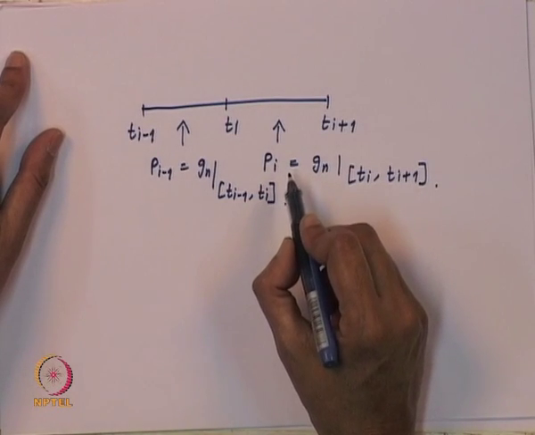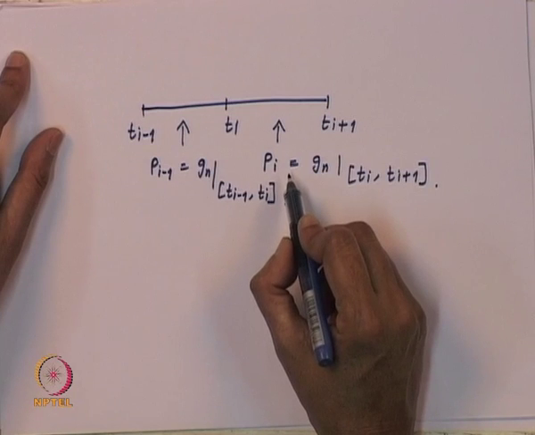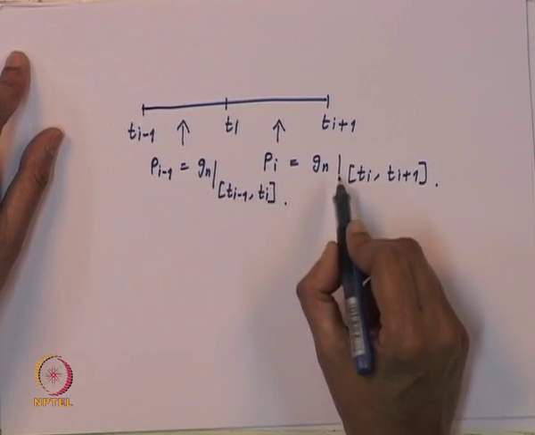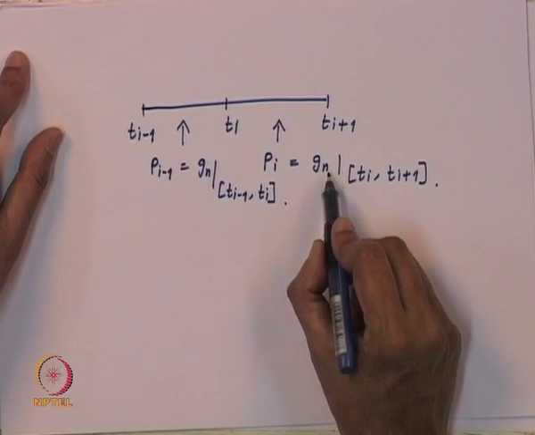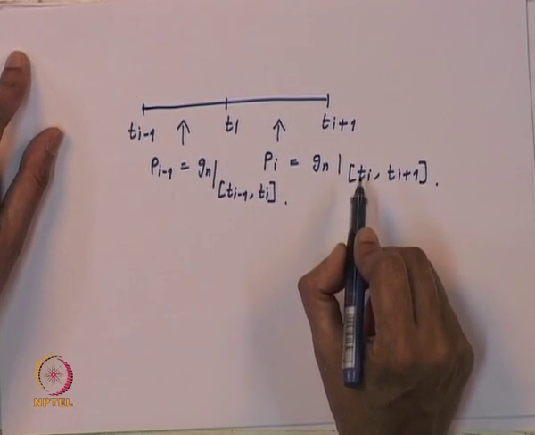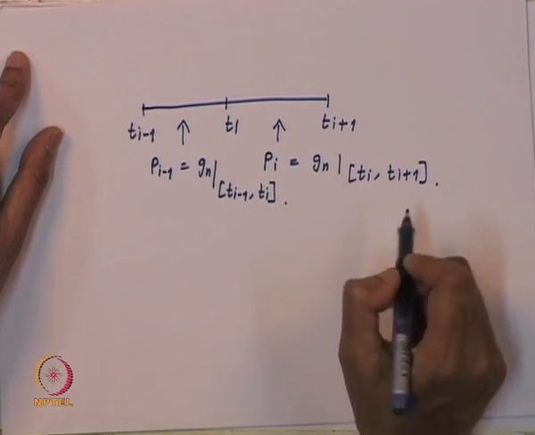The polynomial p_i we are going to write in terms of the value of g_n at t_i and the value of g_n' at t_i. So, at present the derivatives are unknown.